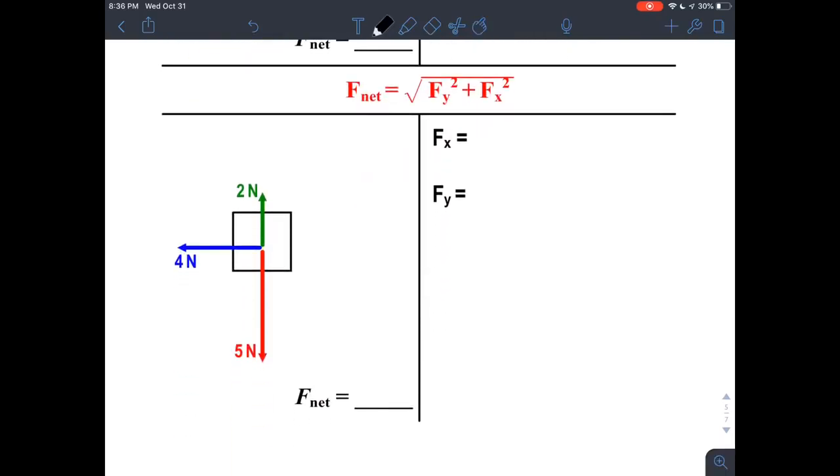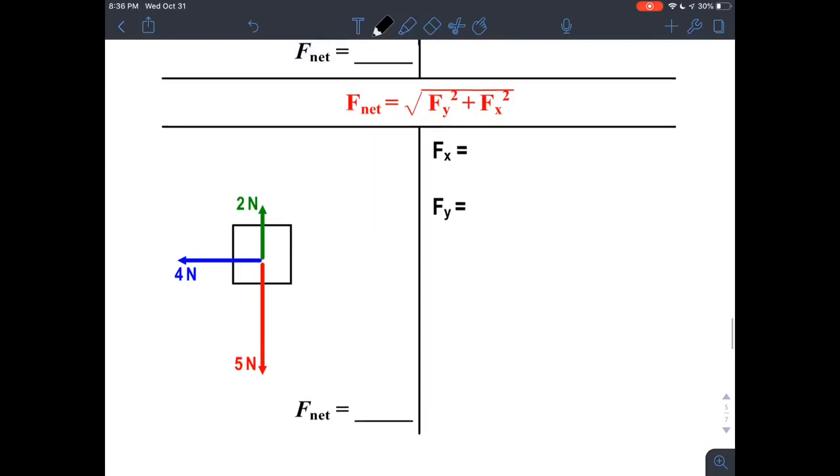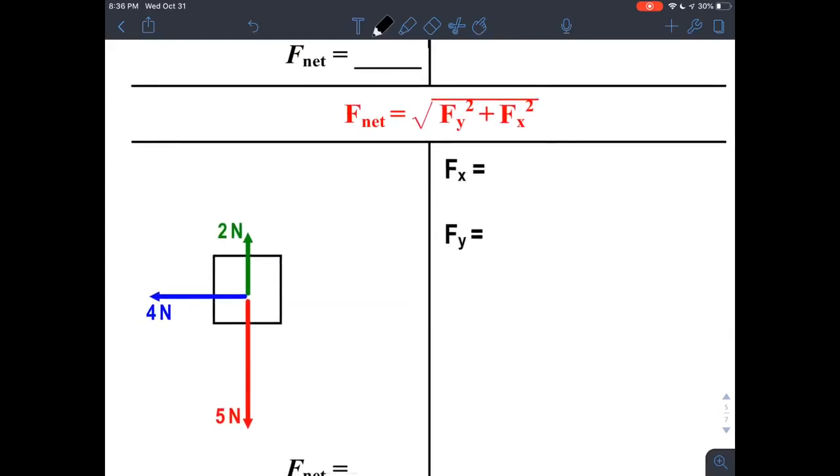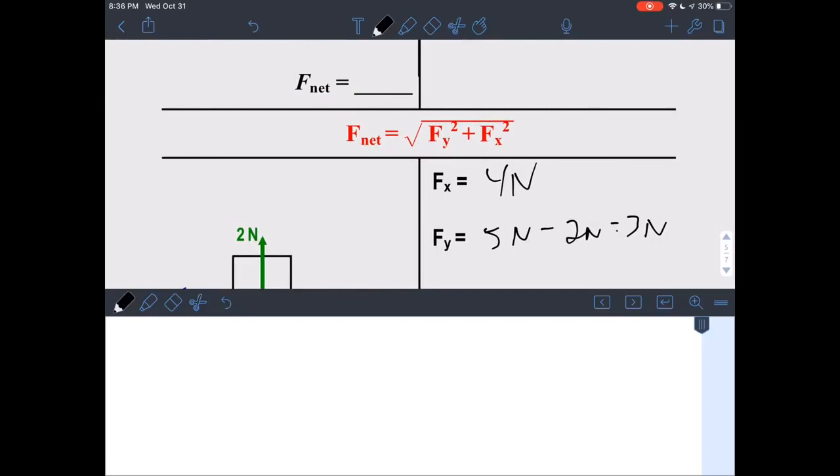For our next one, we have 2 newtons up, 5 newtons down, and we have 4 newtons to the left. So again, we look at our forces. Our Fx in this case is 4 newtons. Our Fy is going to be our 5 newtons down minus our 2 newtons up, which is going to be 3 newtons down. So now we need to do our F net equation yet again here.